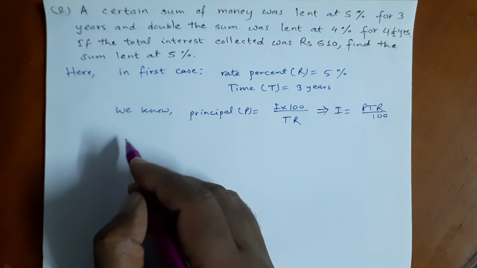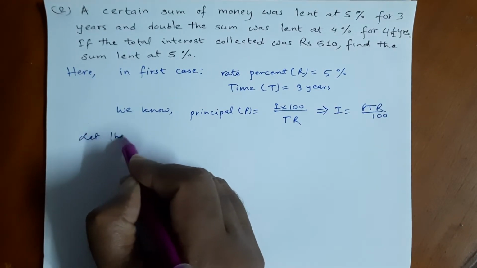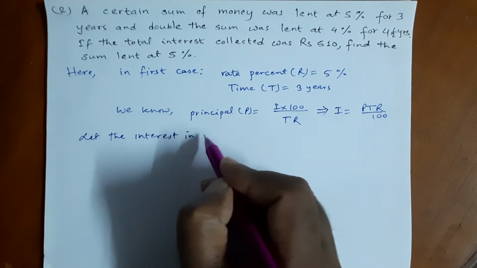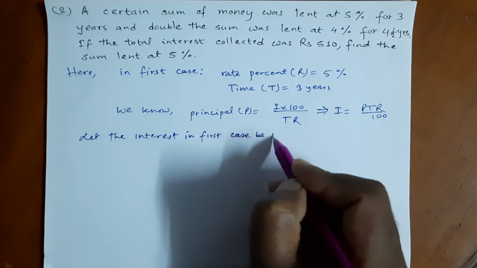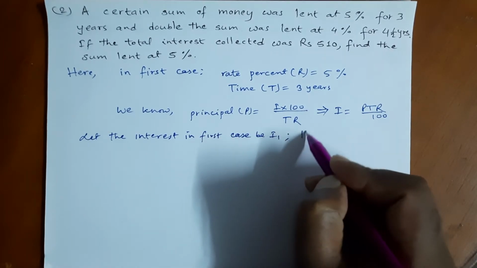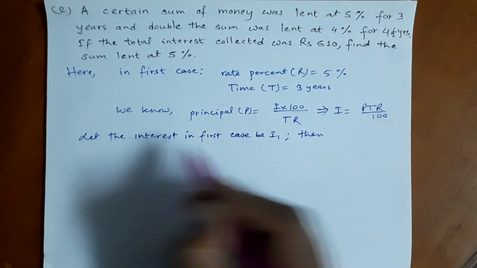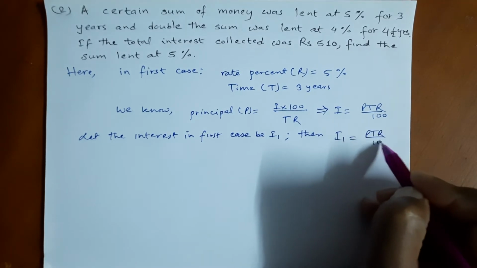Let the interest in the first case be I1. Then I1 equals PTR over 100.